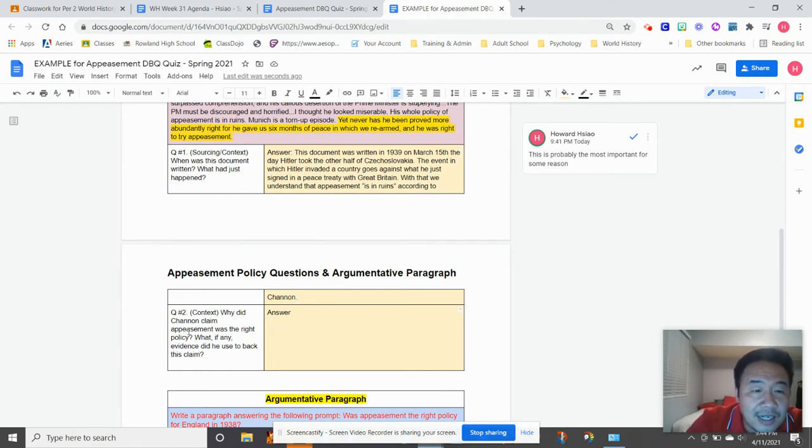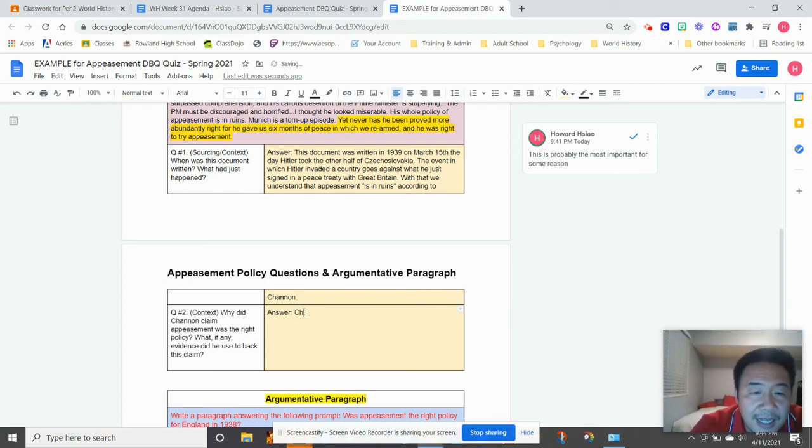Okay, so why did Channon claim appeasement was the right policy? So looking at this question, we see that appeasement is still something that Channon believed was the right call, the right thing to do. Okay, so how do we know that?